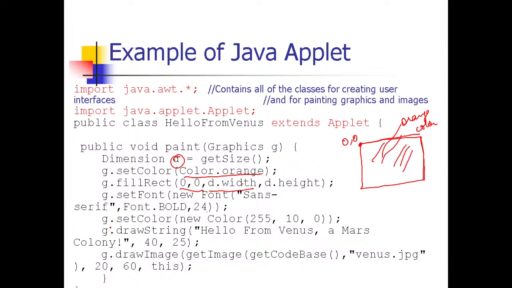There is another g.setColor, new Color 255, 10, 0. In the previous example, we had set color by taking the name, but in this method we are taking the RGB for setting the color.